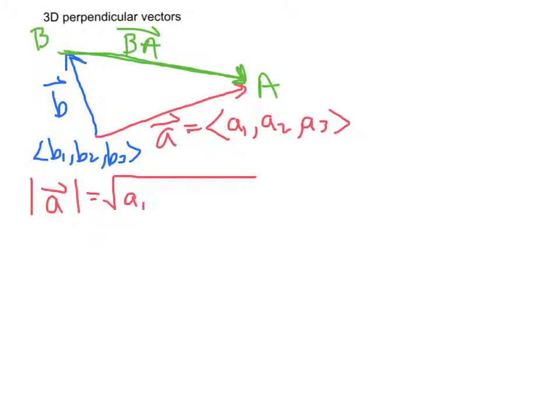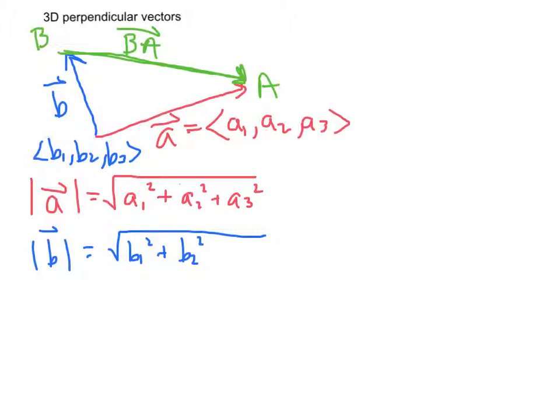It's A1 squared plus A2 squared plus A3 squared. Take the square root of all that. And the magnitude of vector B is going to be very similar. We're going to do B1 squared plus B2 squared plus B3 squared.